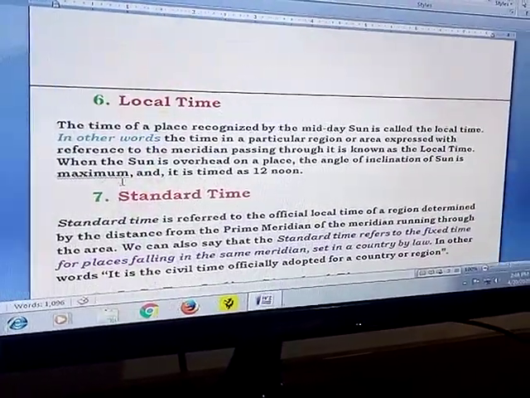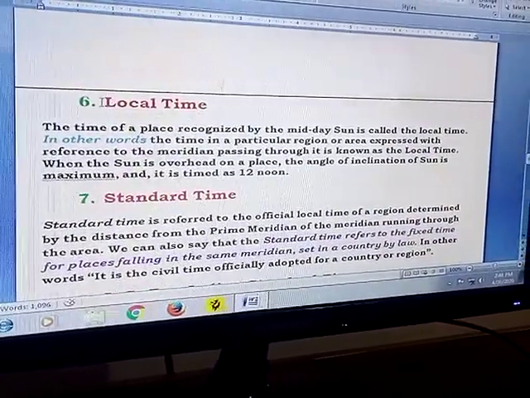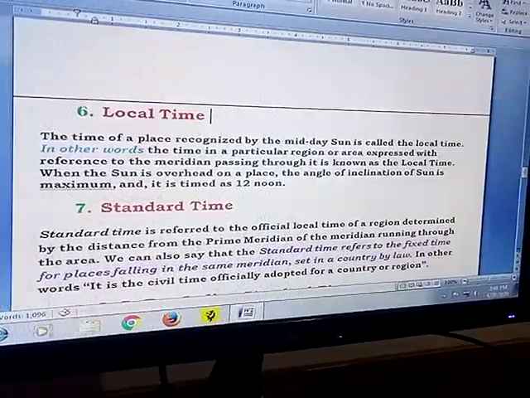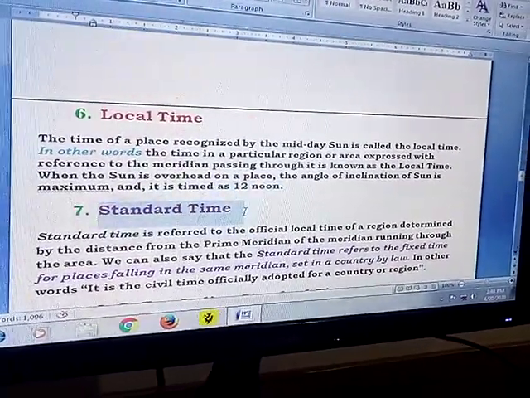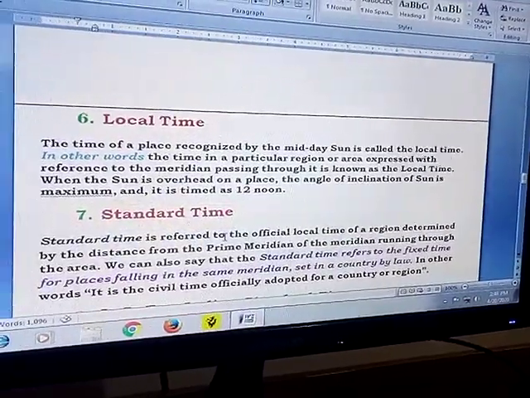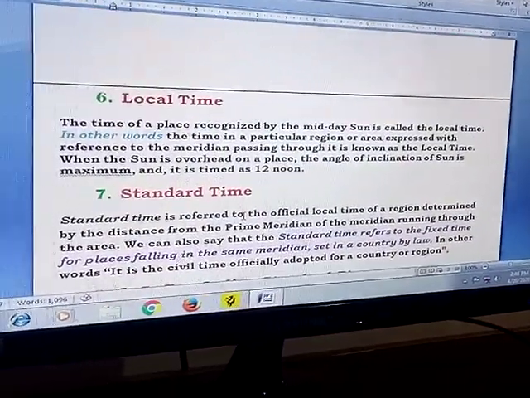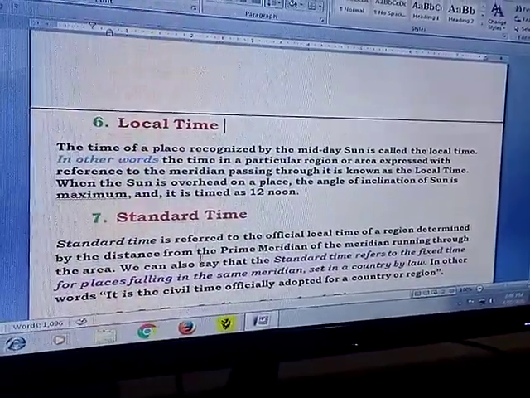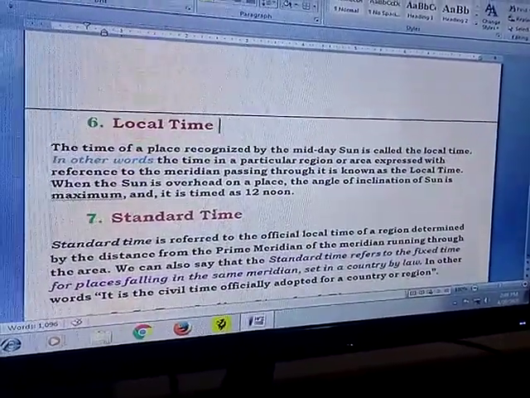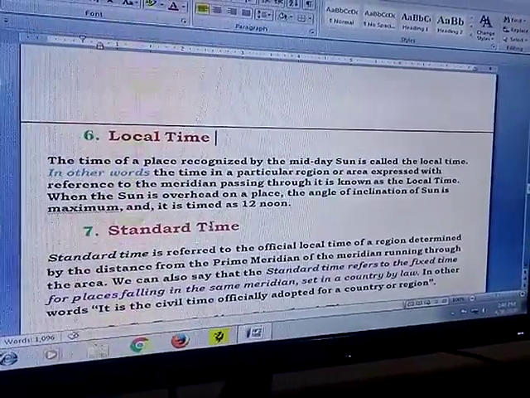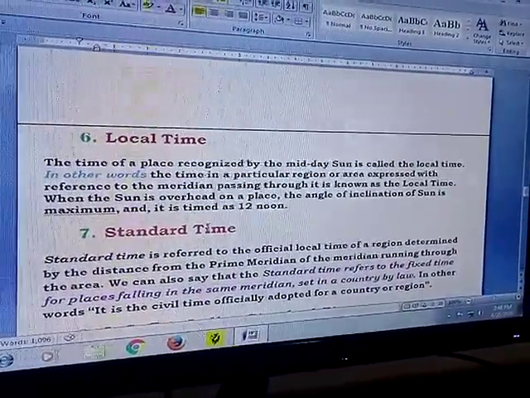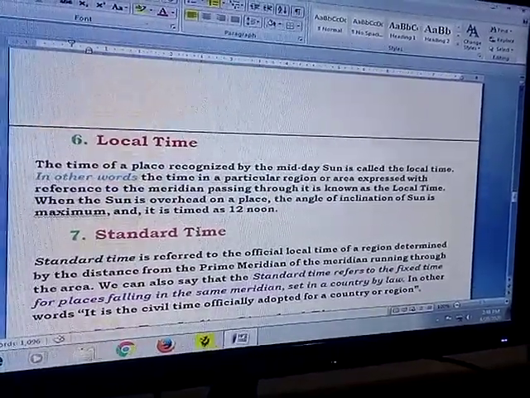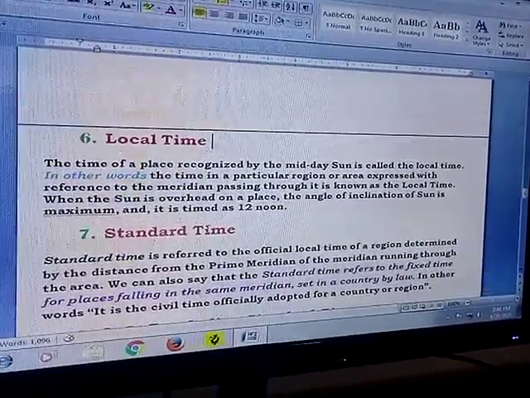Now we have two concepts. One is called local time and the other is called standard time. Many of us often get confused. Local time and standard time are not the same. India is not a very big country, so our local time and standard time happen to be the same, apparently.